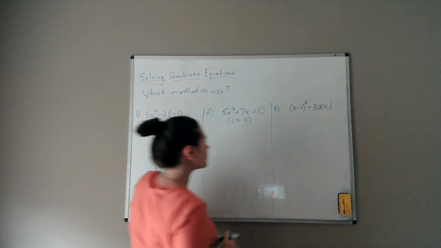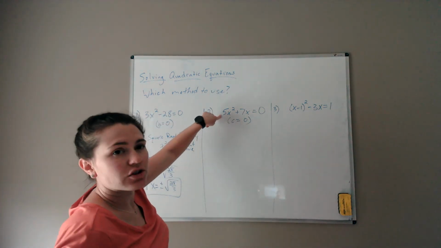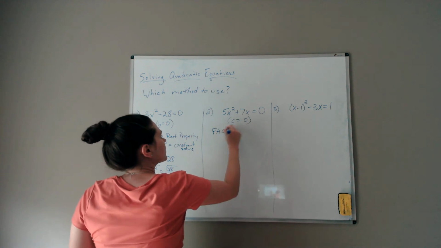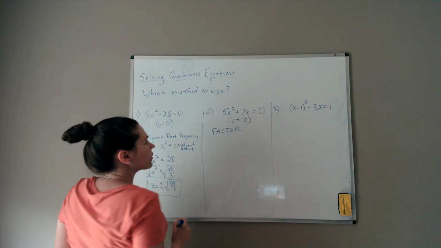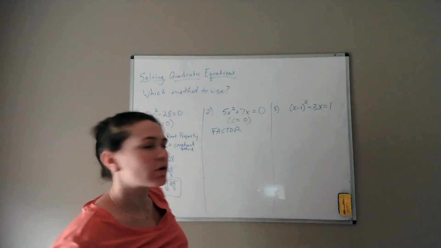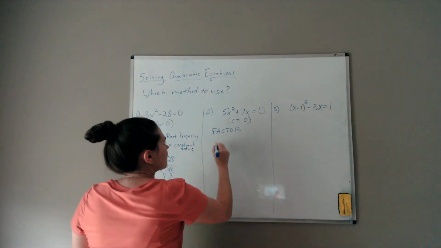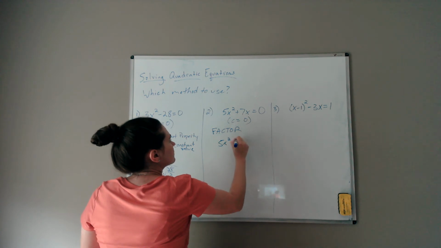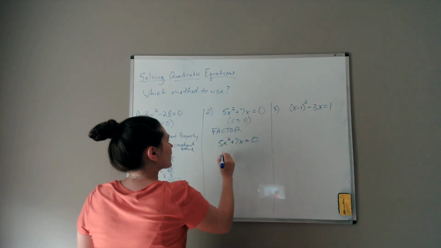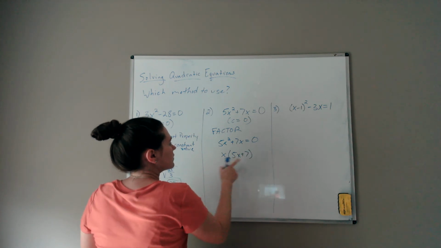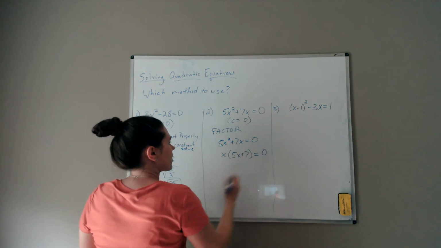What you can do is 2 things. You can either use the quadratic formula, or the quickest way is to factor. If c equals 0 for any quadratic equation you are solving, you will definitely be able to take out a greatest common factor of x. If I factor out an x, I get x times (5x plus 7) equals 0.